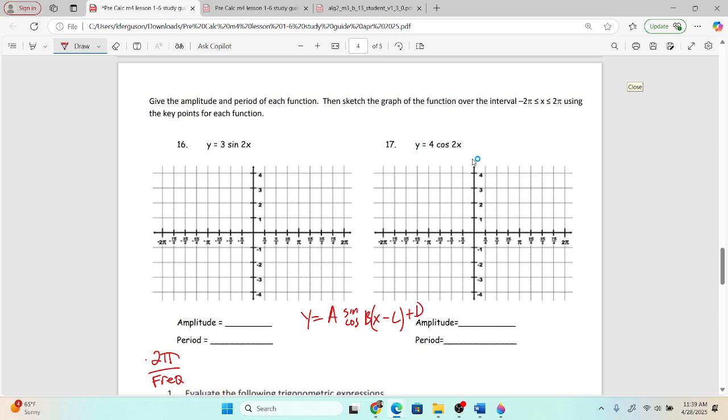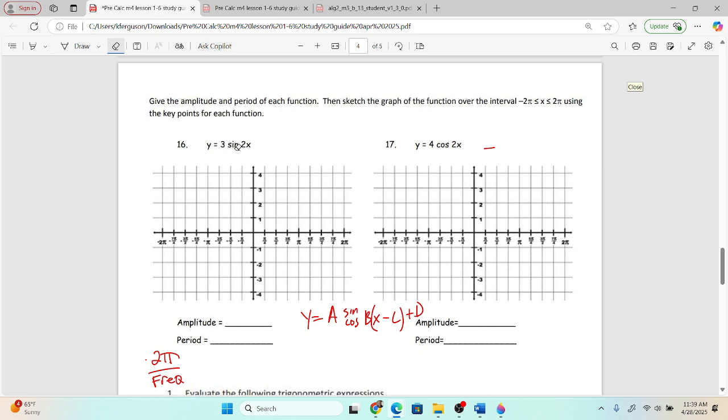C would be right here, D would be right there. So there's no C or D, and I'm not asking you to draw them. So we're going to keep the midline right where it is.